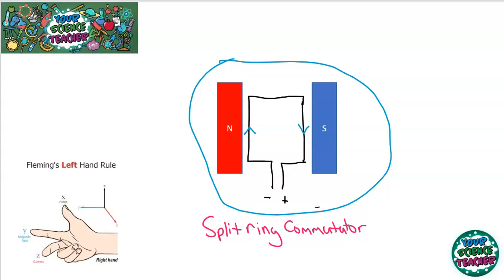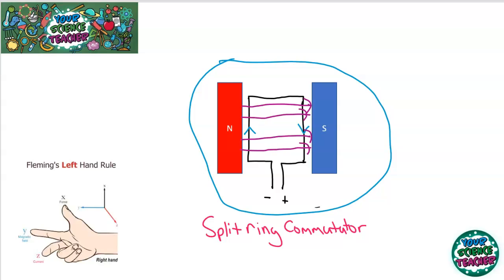Next thing I do is look at where my magnetic field is going from and to. We know that magnetic field lines go from the North Pole to the South Pole, so let's draw them in as well. So I have my magnetic field lines here. Remember, magnetic field lines are invisible. I'm just using this purple line to illustrate where they would be.